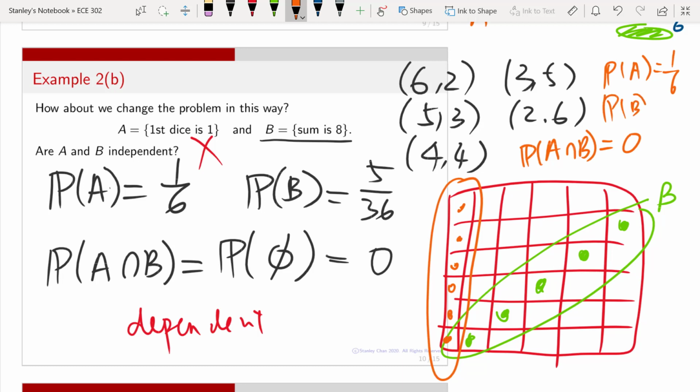The probability of B is this area, which is 5 over 36. And you can see that the product of these two ratios, A times B, just does not match the intersection of A and B. And you can also show that A given B is 0, because given that B has happened, A has absolutely no chance of happening.